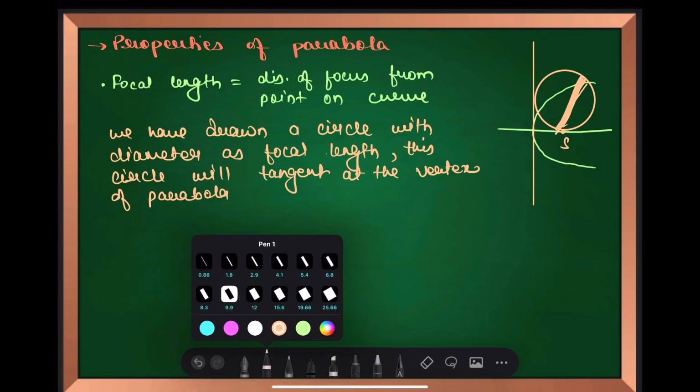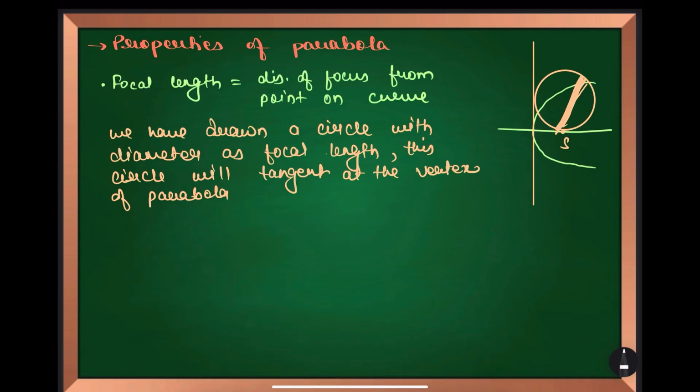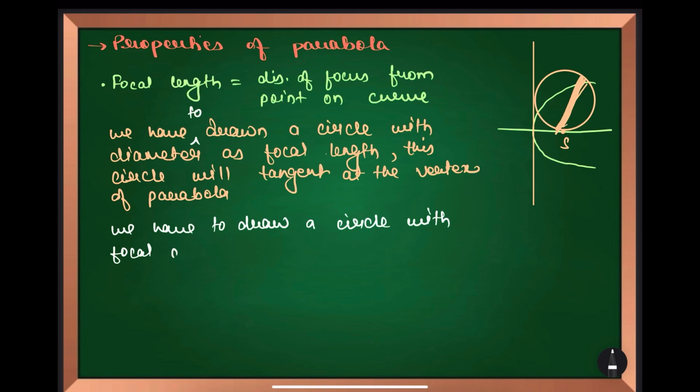Now we have the second point. We have to draw a circle with the focal chord as diameter.